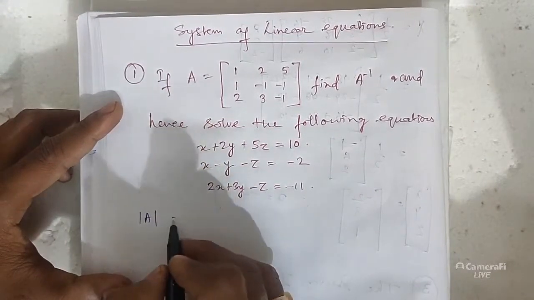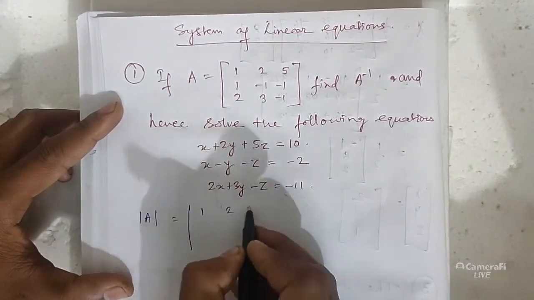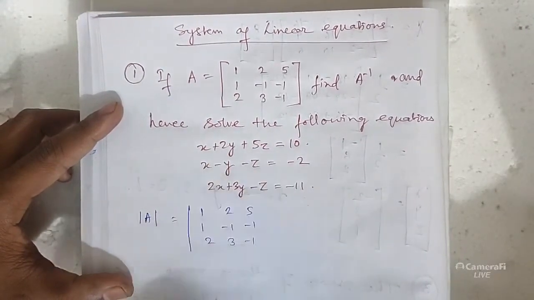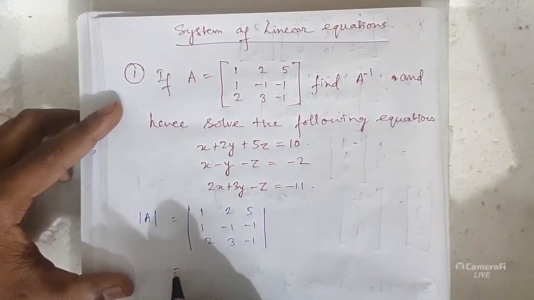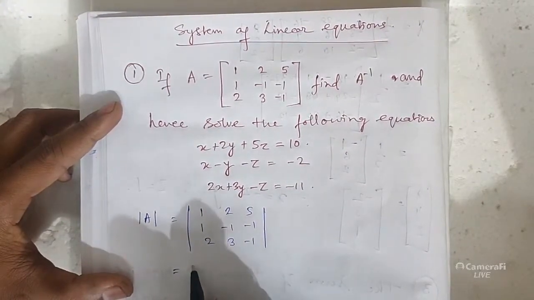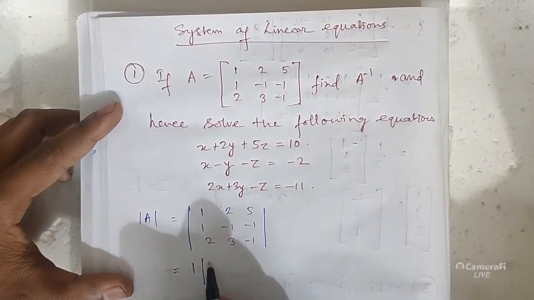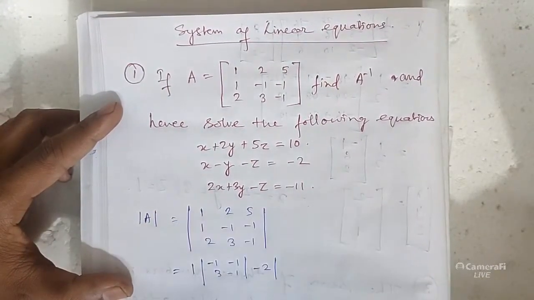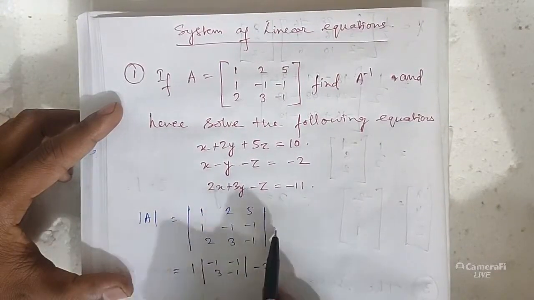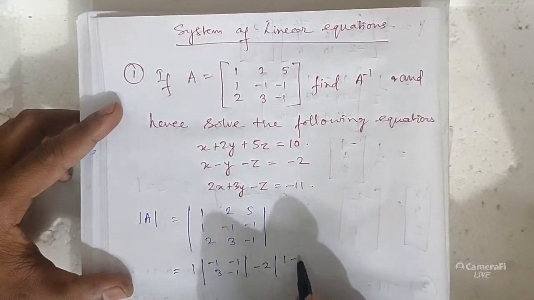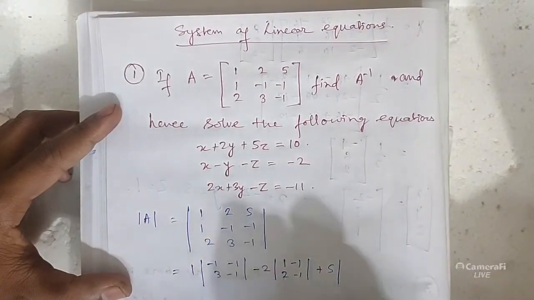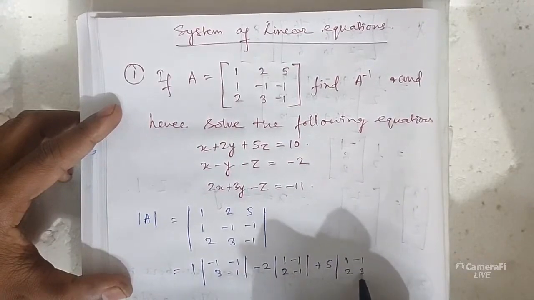So determinant A, what will be the value? Determinant of [1 2 5; 1 -1 -1; 2 3 -1]. You have to expand it: 1 into (-1 into -1 minus -1 into 3), minus 2 into (1 into -1 minus -1 into 2), plus 5 into (1 into 3 minus -1 into 2).